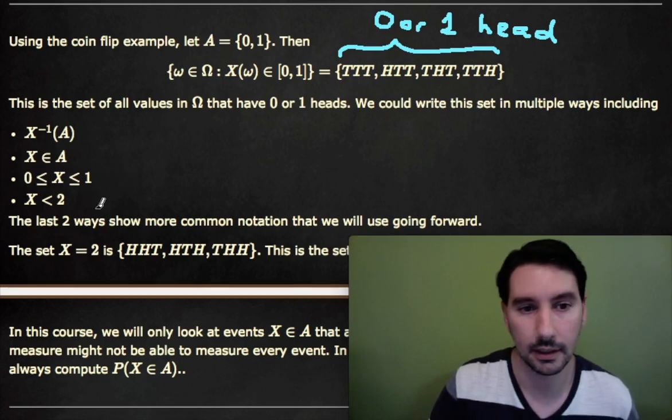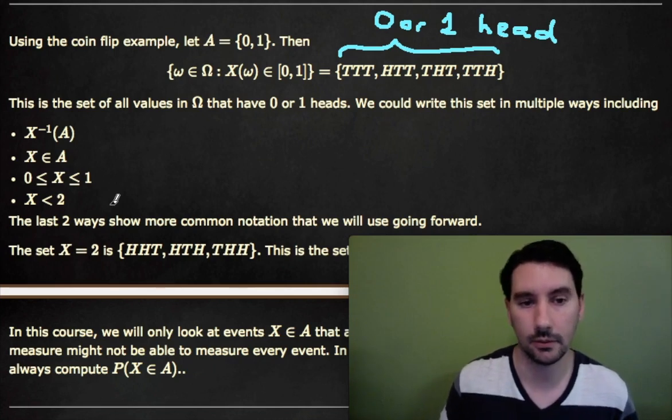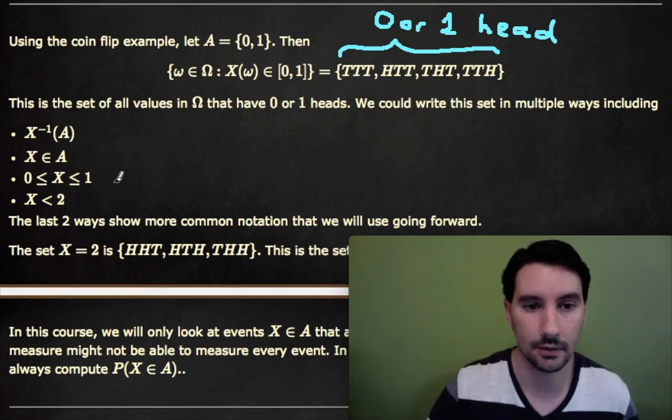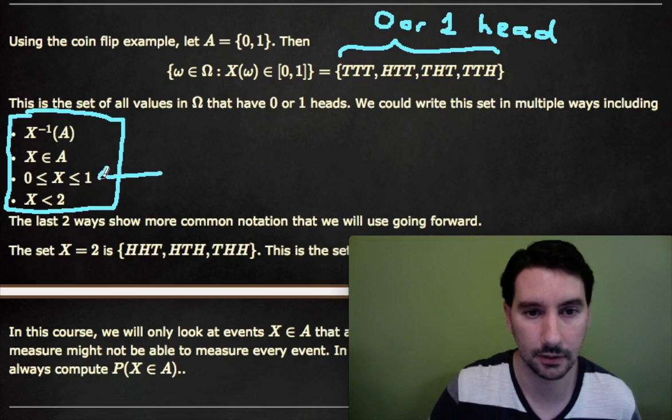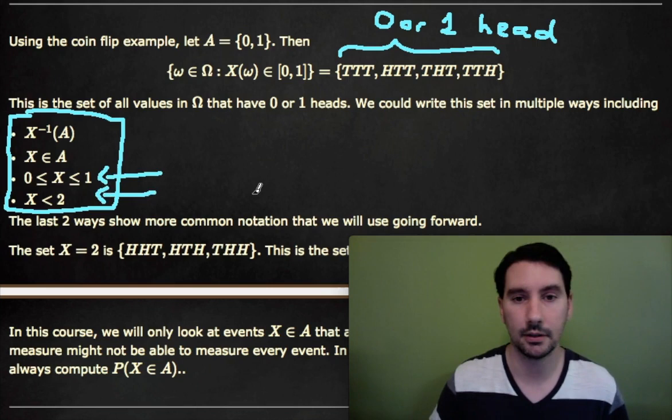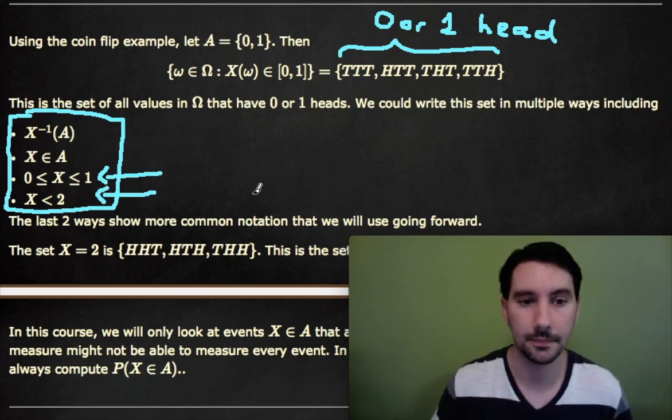Or equivalently, since X is going to be 0, 1, 2, or 3, in this case we could say X less than 2. So all of these would be notation for that same set. And probably most commonly you're going to see it as notation 3 or notation 4, so just some algebraic operation on the random variable.